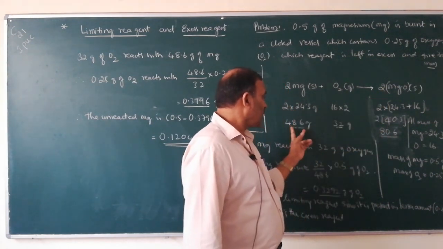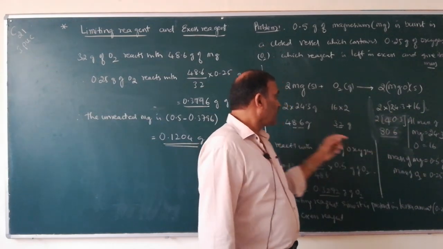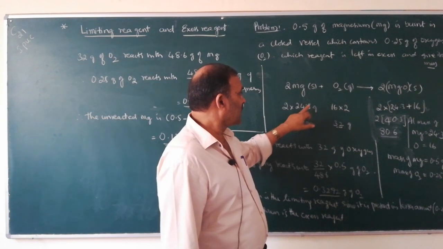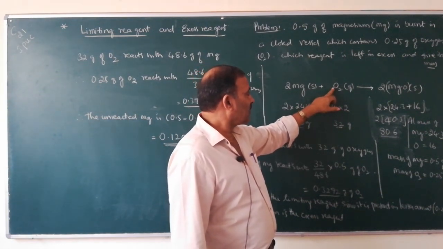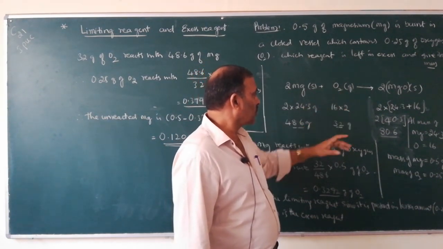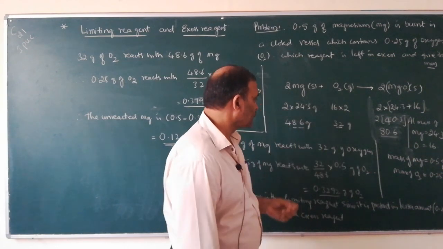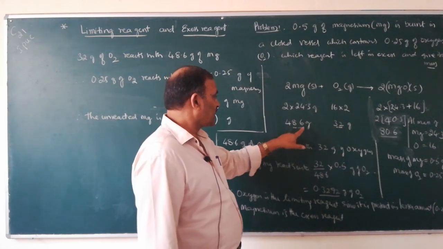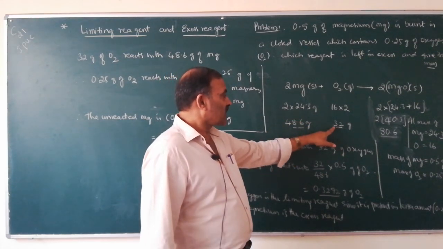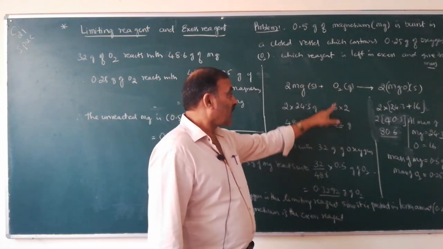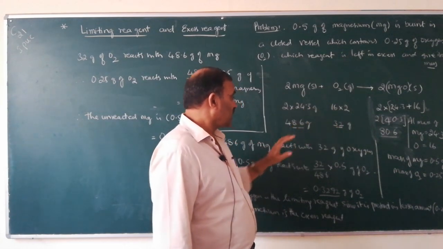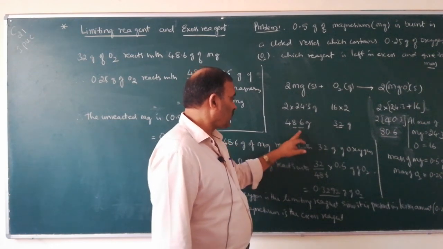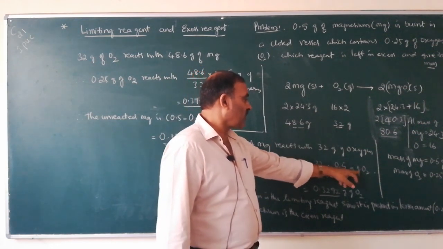How to calculate the weight? This is 2 into the atomic mass of magnesium and the atomic mass of oxygen into 2. According to this equation, 48.6 grams of magnesium reacts with 32 gram of oxygen, but 0.5 gram of magnesium reacts with 32 divided by 48.6 into 0.5 gram of oxygen.